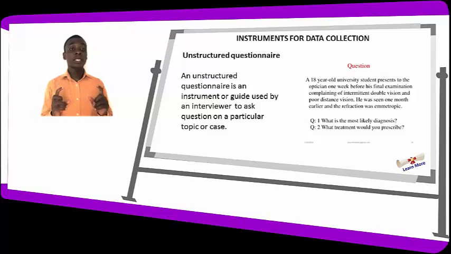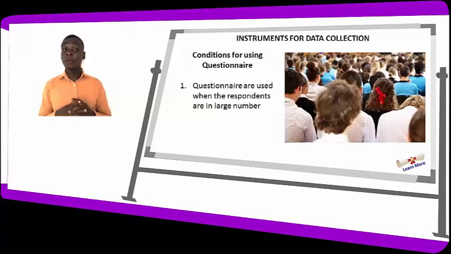Number one, questionnaires are used when the respondents are in large number. As a psychologist, before you use a questionnaire, the respondents must be so many that you cannot easily go to them one by one to get direct information from them. That is when you use a questionnaire.